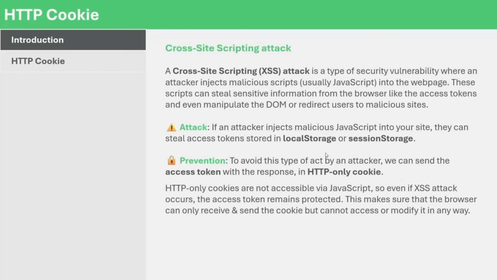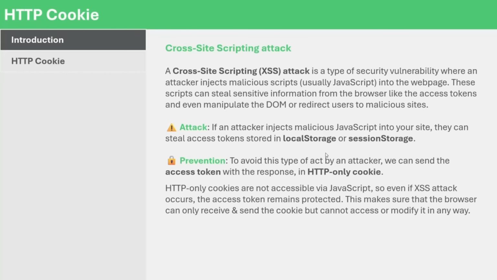And in order to prevent this type of attack, the solution is to use an HTTP only cookie. The reason why we should use an HTTP only cookie is because HTTP only cookies are not accessible via JavaScript. So even if the cross-site scripting attack occurs, the token remains protected.